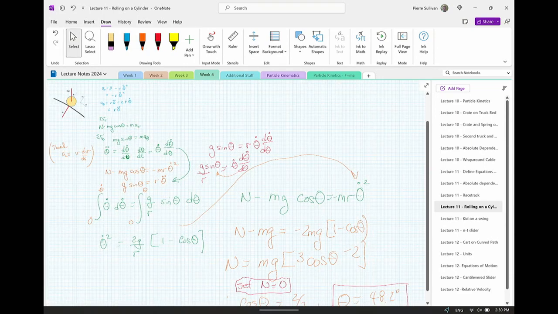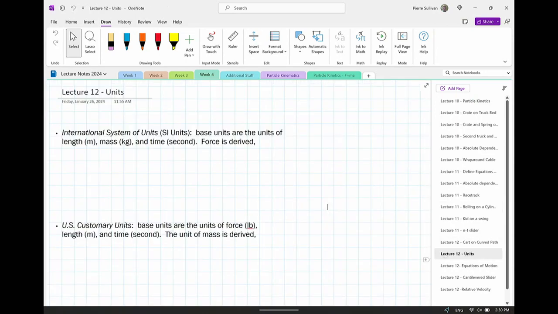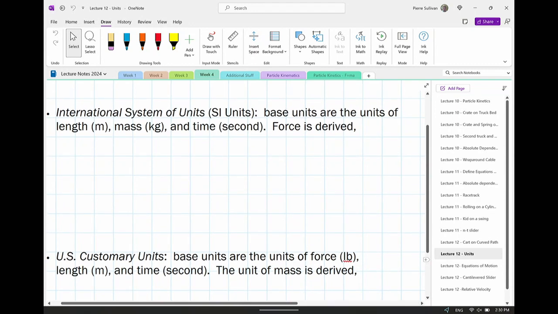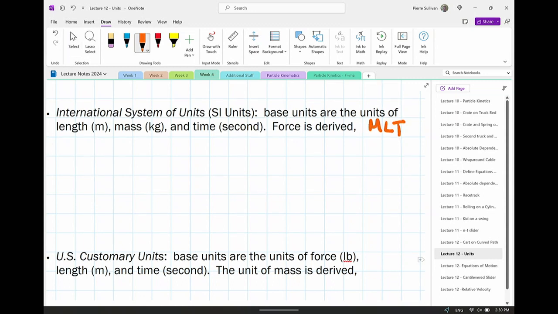And that I might edit so it's a little bit cleaner in the notes. Units. When we talk about SI units, everybody knows what they are and everything's great, but it is a mass, length, and time system.